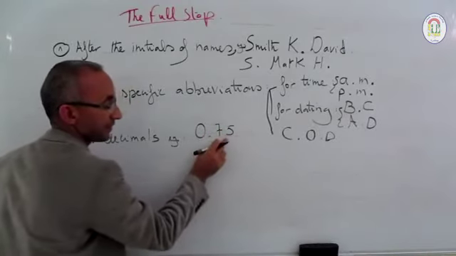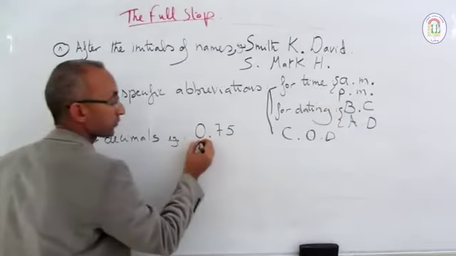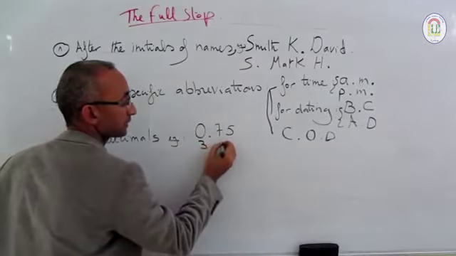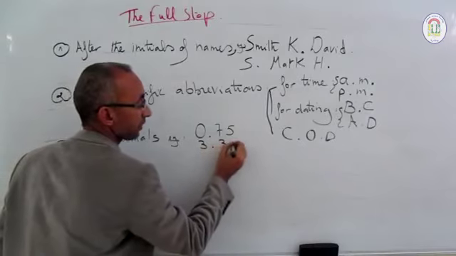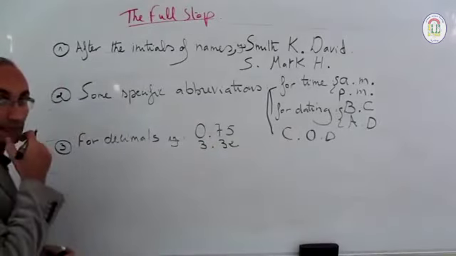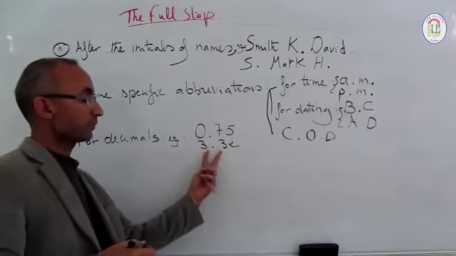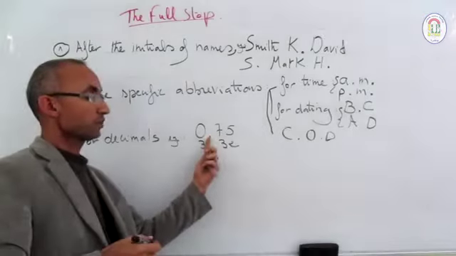Now this number is called a decimal. Or 3.32, and so on. Clear? So here we separate these two units of numbers by using a full stop.